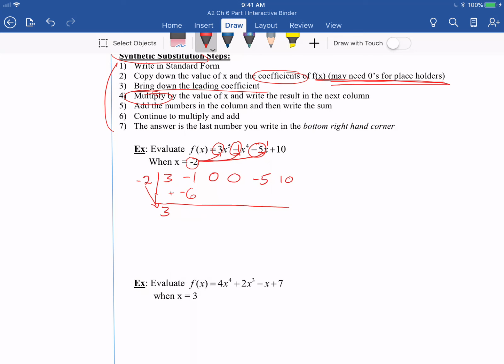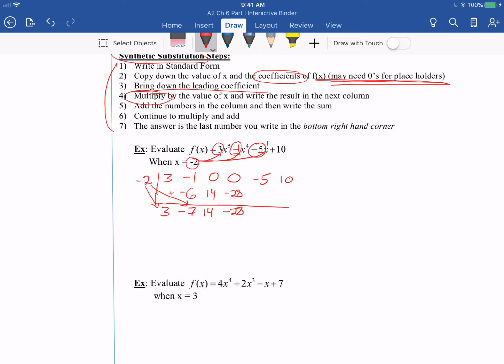So here we go, -1 plus -6 is -7. Multiply here again, so -2 times -7 is 14. Add straight down, 0 plus 14 is 14. -2 times 14 is -28. Add these straight down, I get -28.